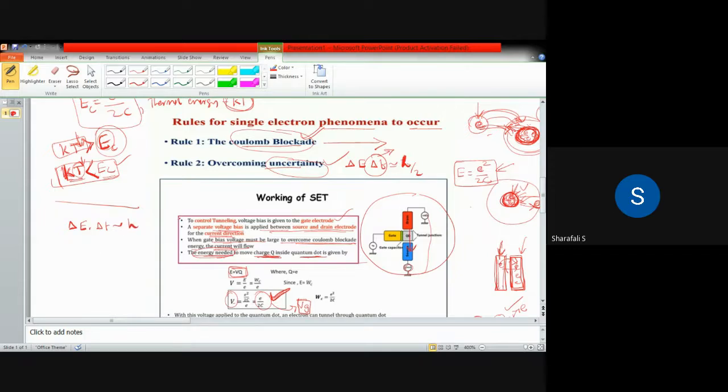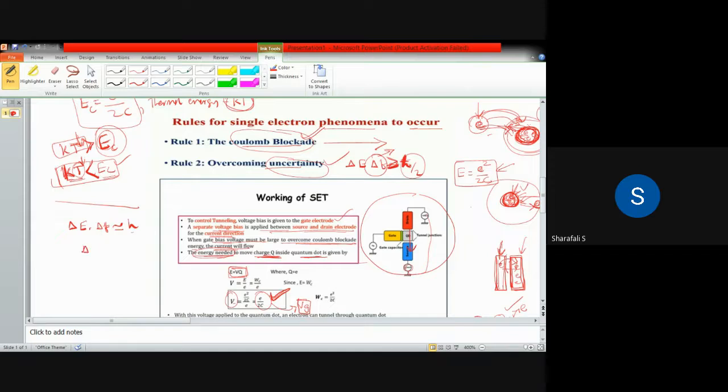So the condition is this has to be greater than or equal to h cross by 2, or you can consider h by 2. If it is greater than this value, then we can approximate it as equal to h for calculation purposes. So delta E into delta T is equivalent to h.